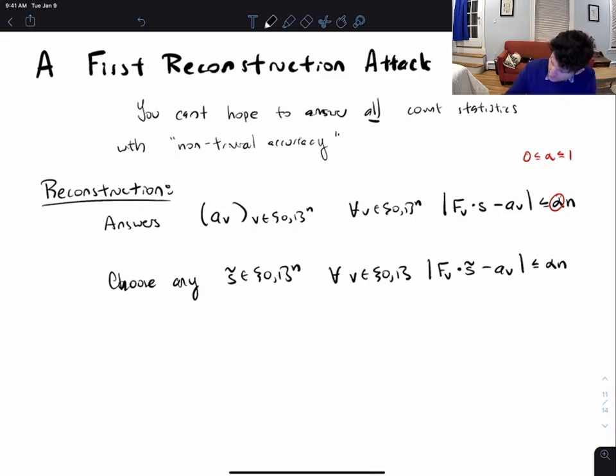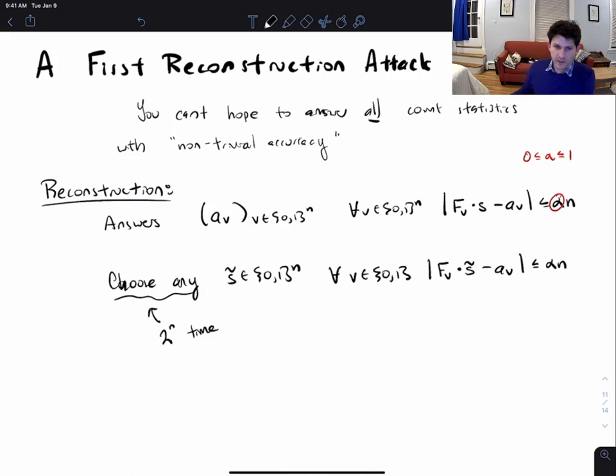All right, and one observation is that this takes 2 to the n time. So we'll talk in the next lecture about how to make this efficient, but for now we're not going to worry about how to make this efficient. We're just going to assume that you enumerate all the vectors S tilde, and we're going to just figure out how accurately you can reconstruct, but not worry about reconstructing in polynomial time.